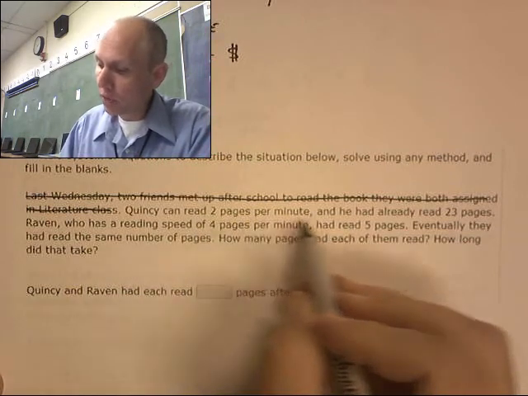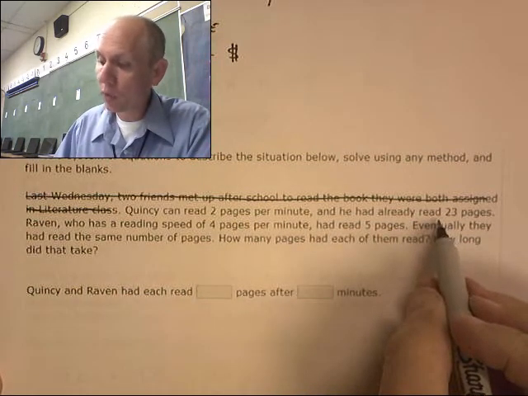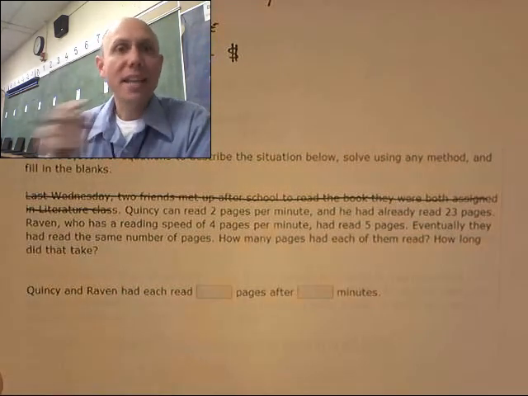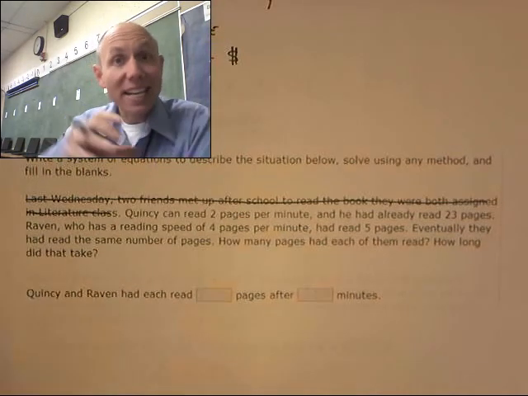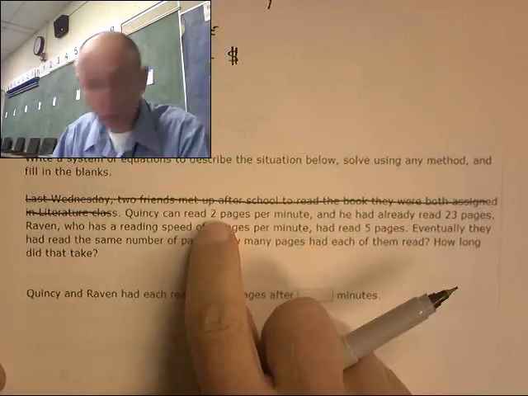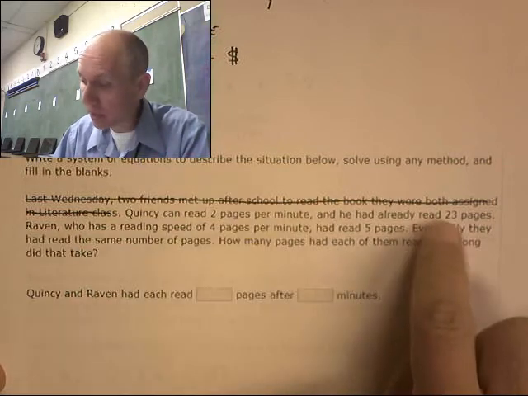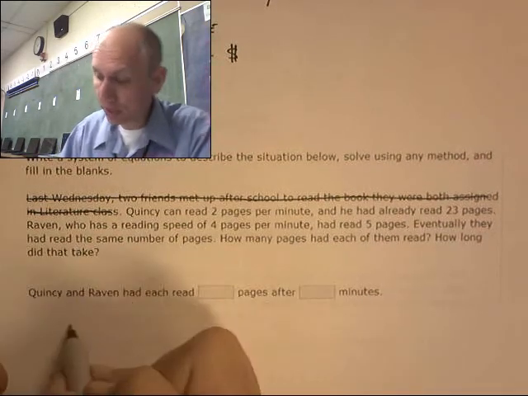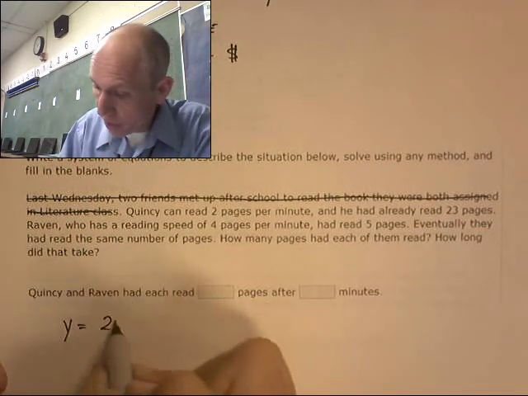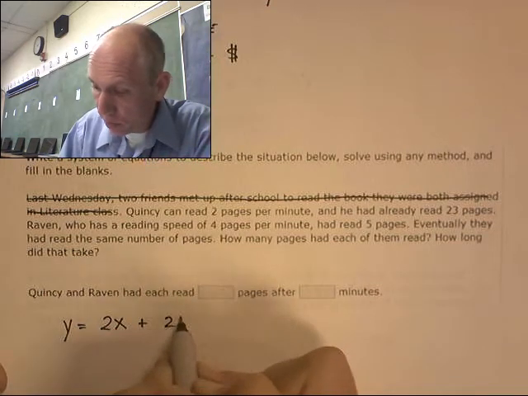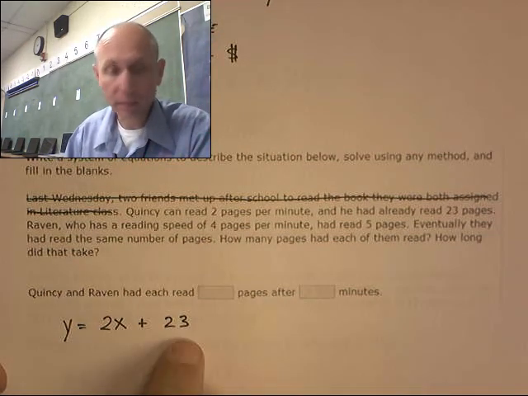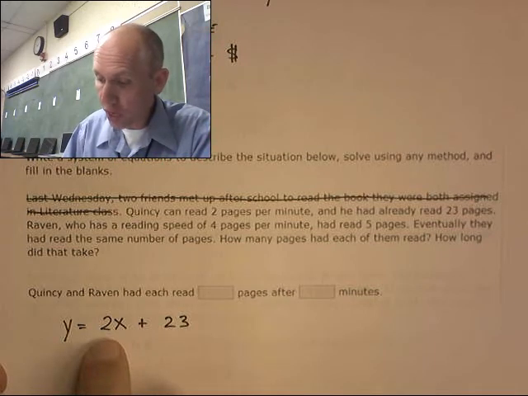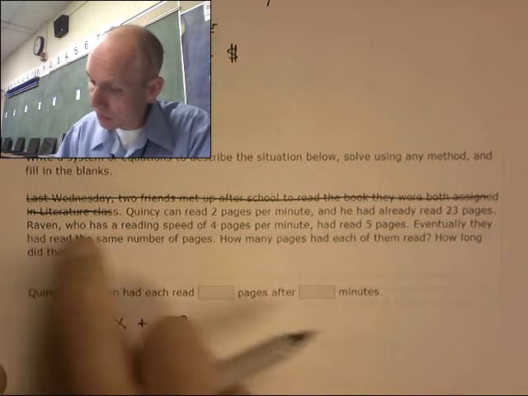Quincy can read 2 pages per minute, and he's already read 23 pages. This is a slope-intercept, right? It's the change. He can read, there's his change, 2 pages per minute, and he's already read 23. Here's his equation. Y equals 2x plus 23.